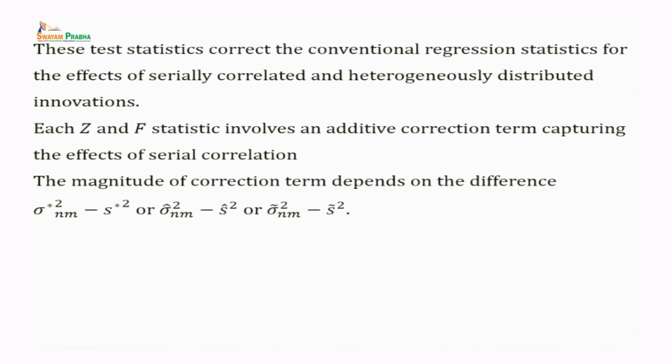So, actually this Phillips-Perron test procedure adjusts the test statistic for the serially correlated innovations or heterogeneous innovations.